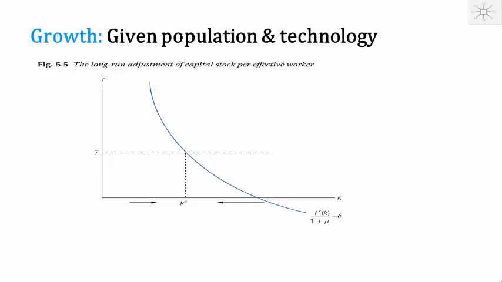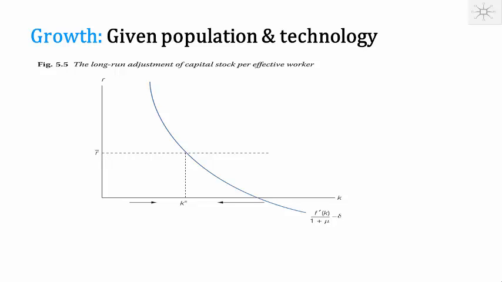And again, we see that there will be a long-run equilibrium where the marginal product of capital divided by 1 plus the markup minus depreciation equals the required return on capital. So this just shows the same picture again, but now in terms of capital stock per worker.